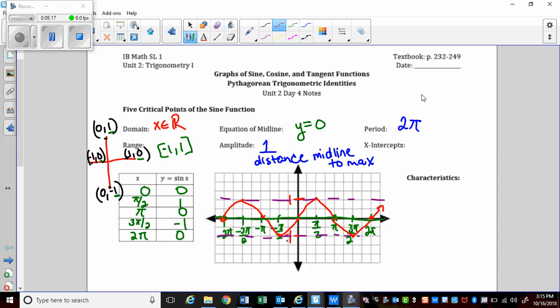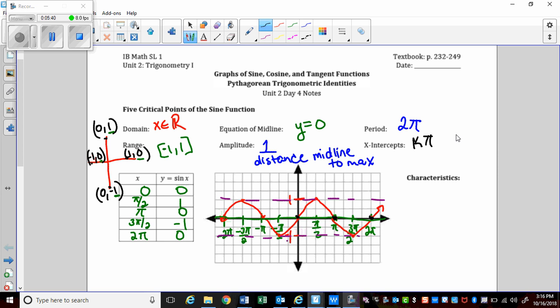The x-intercept is going to be, where is my graph hitting the x-axis? Well, it hits the x-axis right here at 0, right here at pi, right here at 2 pi. So every interval of pi. So we're going to say k, which is just a number, times pi, could be 0.